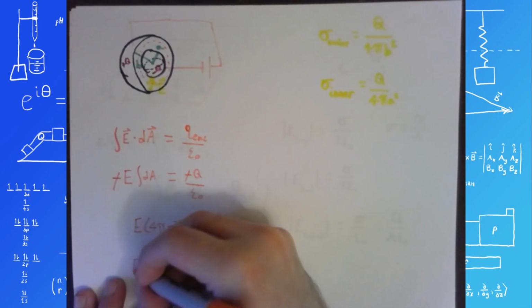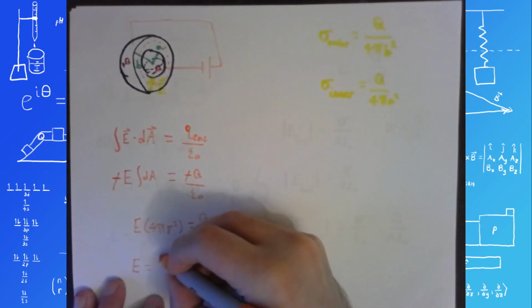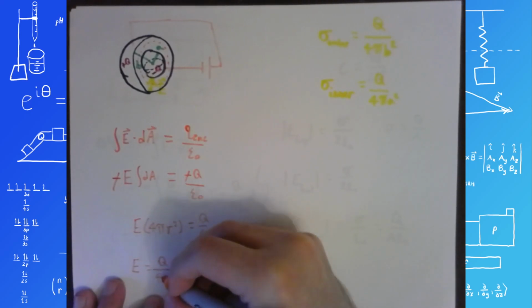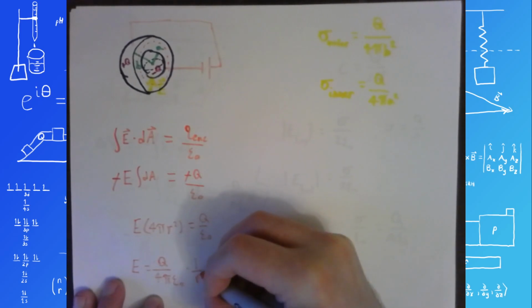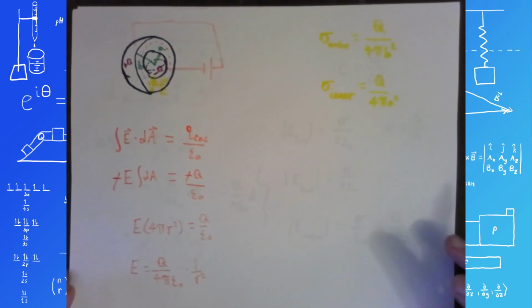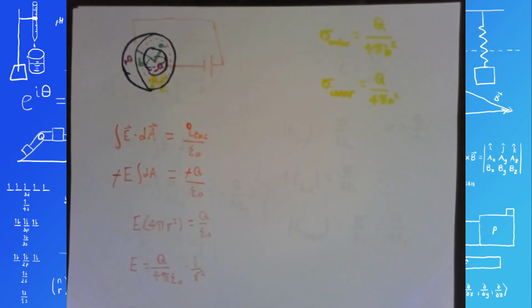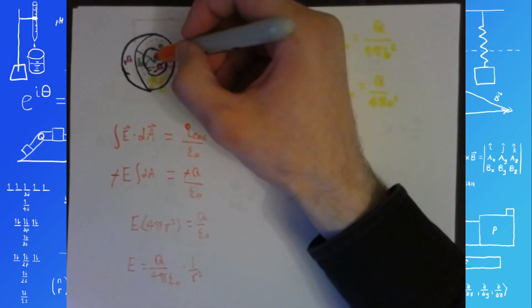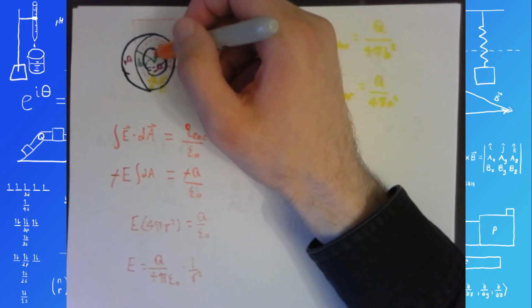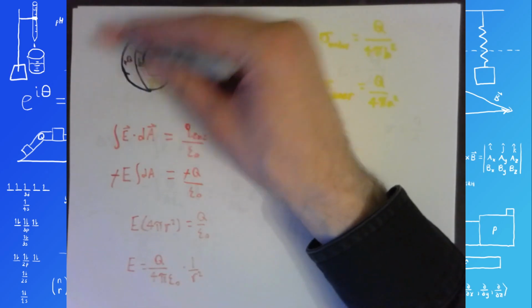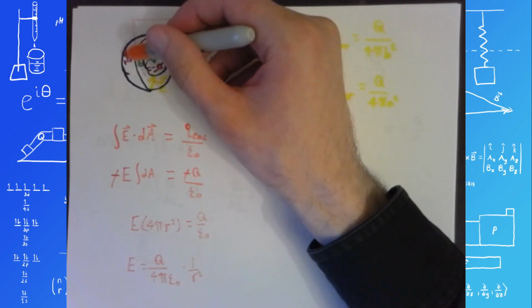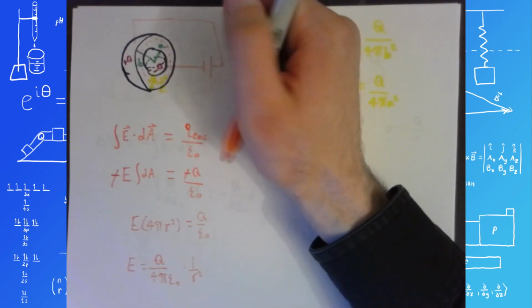So E is equal to Q over 4 pi epsilon naught times 1 over r squared, for r between A and B. For other regions it would be easy: it would be 0 for a radius less than a, since the charge enclosed is 0, and for a radius greater than b, wrapping around both spheres, the total charge positive Q plus negative Q is again 0.